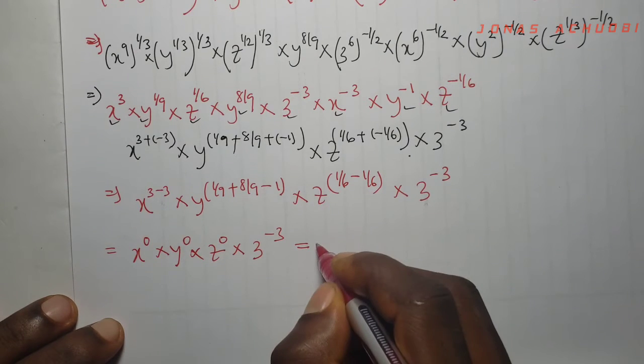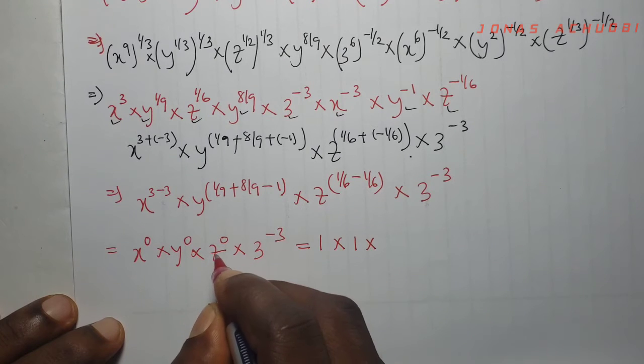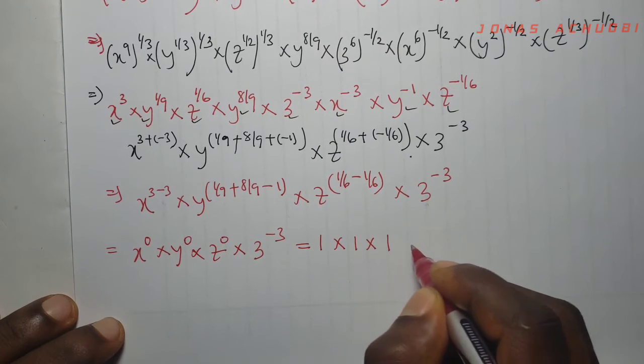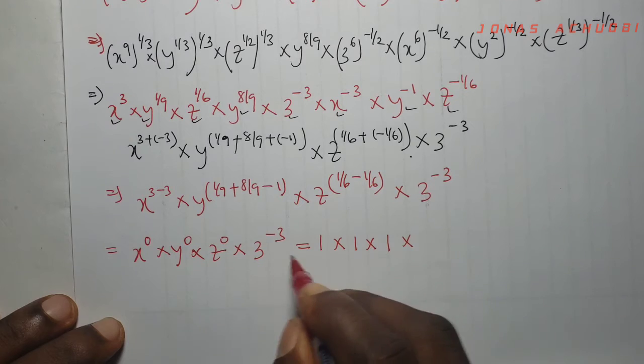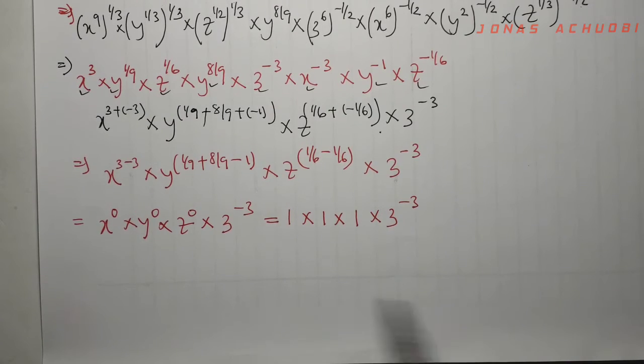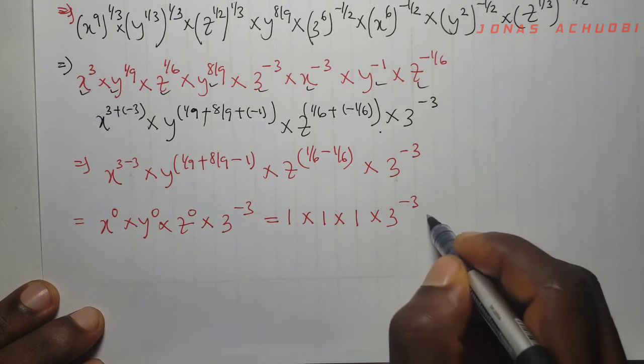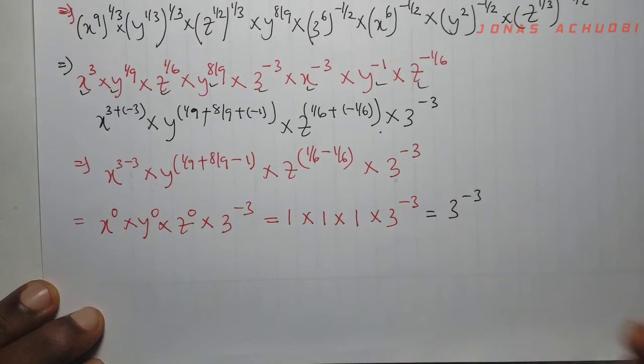So x raised to the power 0 is 1, times y raised to the power 0 is 1, times z raised to the power 0 is 1. Then times what? I have here 3 raised to the power minus 3. So if I multiply out all these terms, 1 times 1 times 1 times this is nothing but what? 3 raised to the power minus 3.